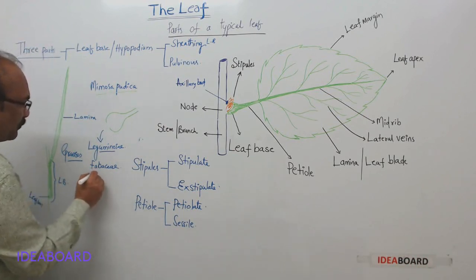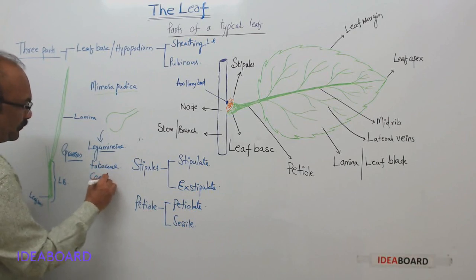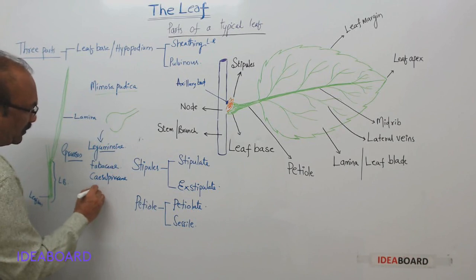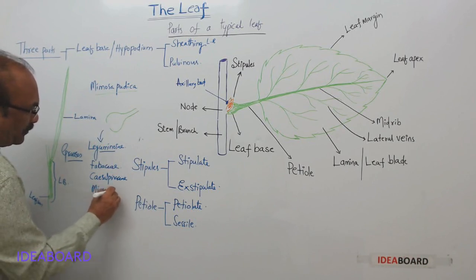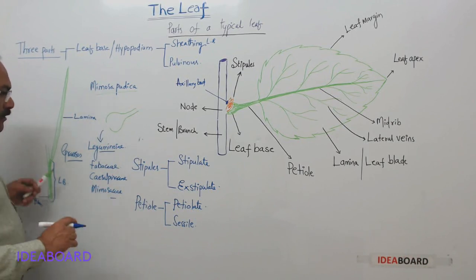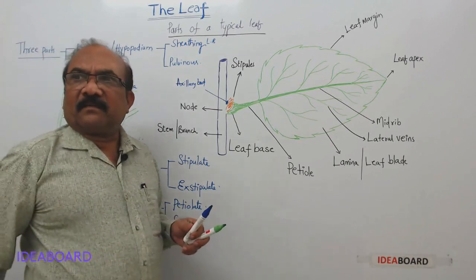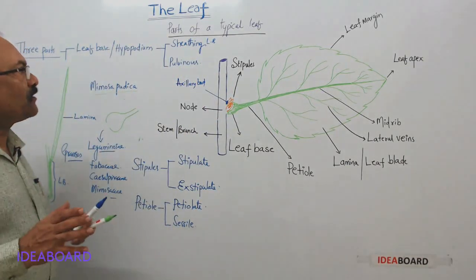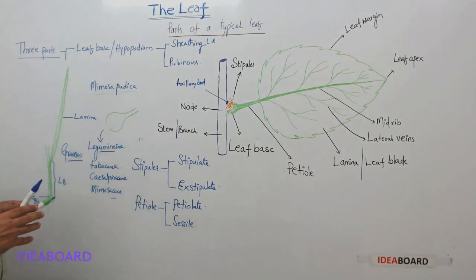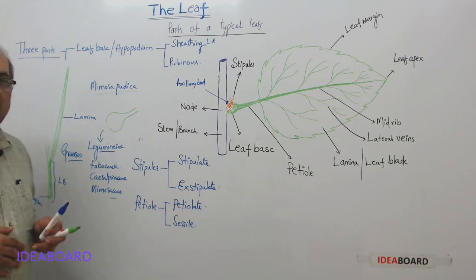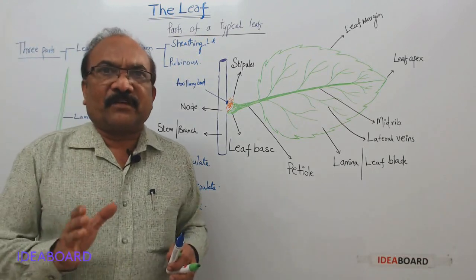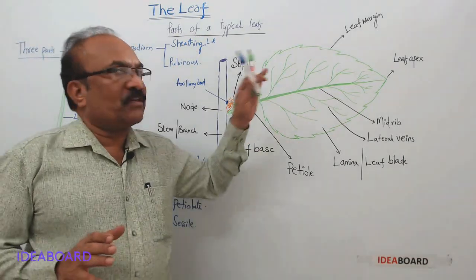Fabaceae, Caesalpiniaceae and Mimosaceae: in these three families you will find pulvinous leaf base. These are certain variations in the leaf base. Okay, and the next aspect, venation, we will discuss in the next video.